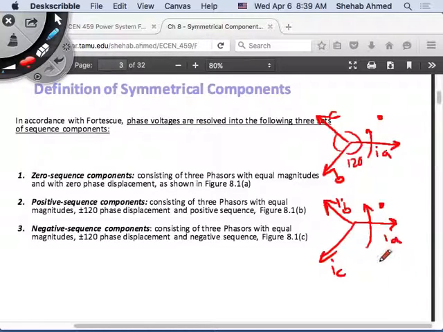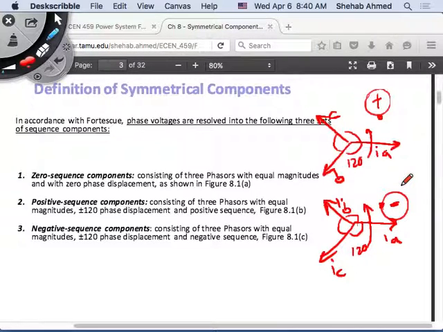What did we call this when we were looking at the transformer connections? Negative sequence. Negative sequence was still three-phase balanced currents or voltages, so all the magnitudes were the same, and the phase shifts were still 120 degrees. We call this positive sequence, and we call this negative sequence.